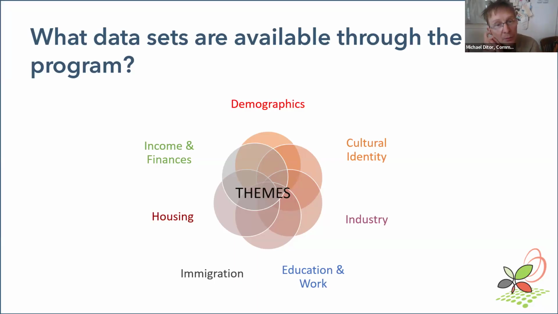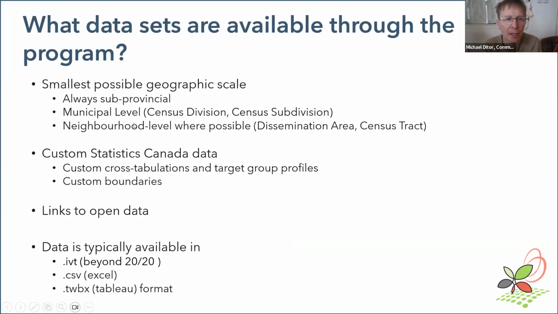So when we purchase a data set, we want to get it for the entire country, and we want to get it at a geographic scale that's relevant to community level data practitioners. So we're always going for the smallest geographic level possible. So that's often, with the census, it's going to be dissemination area or census tract.